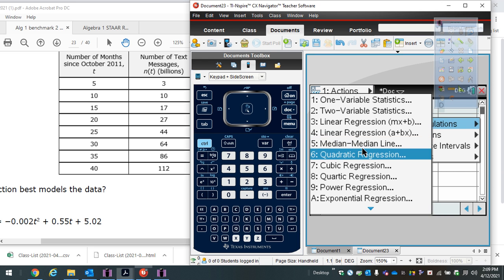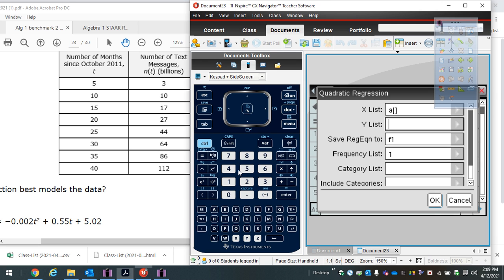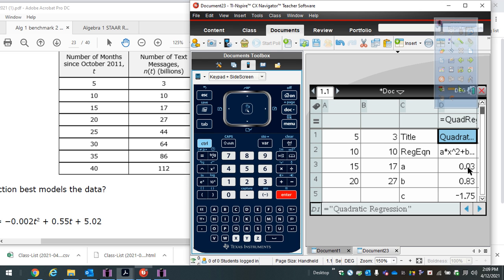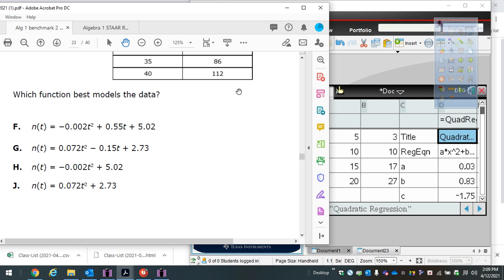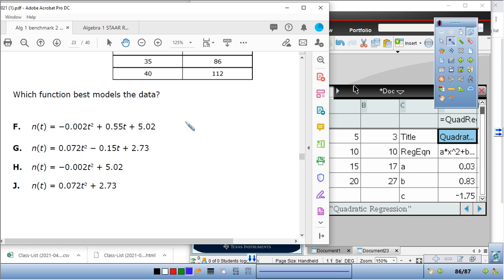Look at this 6. Okay, so it's going to be y is equal to, oh, no, it's going to be always, yeah, look at it, y is equal to ax squared plus bx plus c.